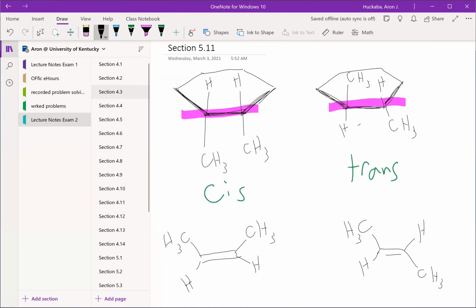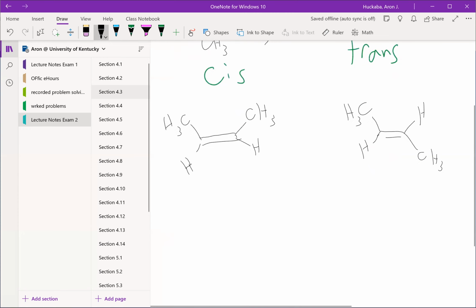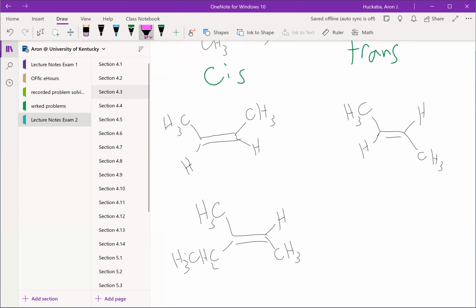and tetra-substituted molecules because if you have a molecule that looks like this, and you have a look at our imaginary line again, it looks like there's something on the same side and something on opposite sides.